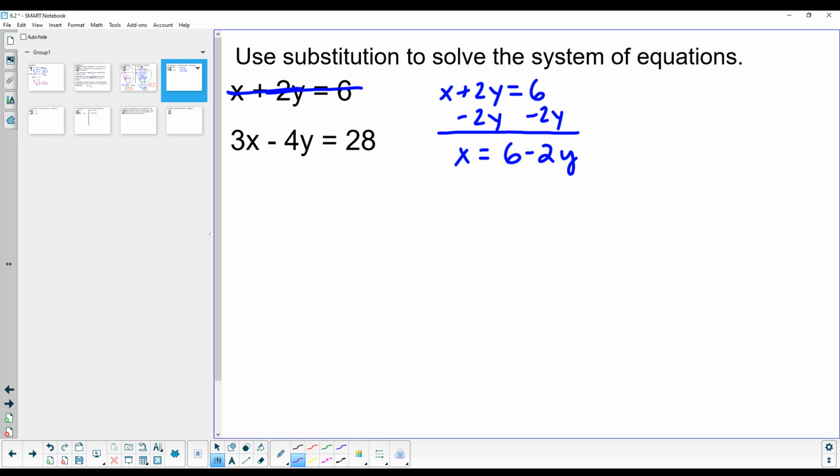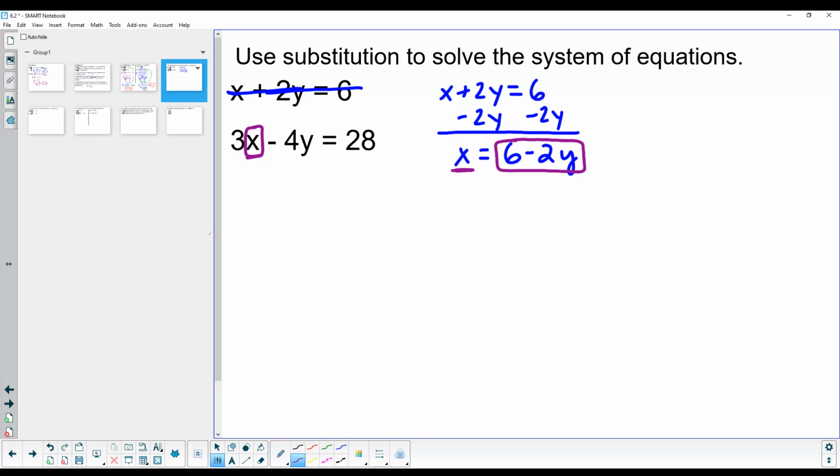Now, once we have this solved, I know that x is equal to 6 minus 2y. So over here in this other equation, I can replace x with 6 minus 2y. So you're always replacing with whatever this is equal to. If it says x equals, that means you're taking x out of the other equation. If it says y equals, you're taking y out of the other equation.